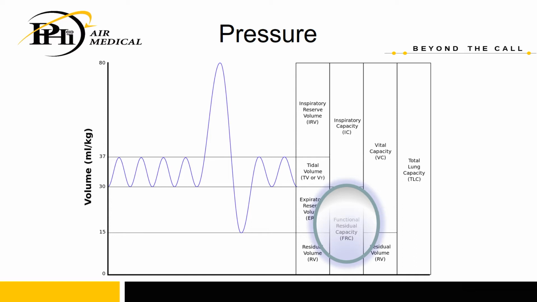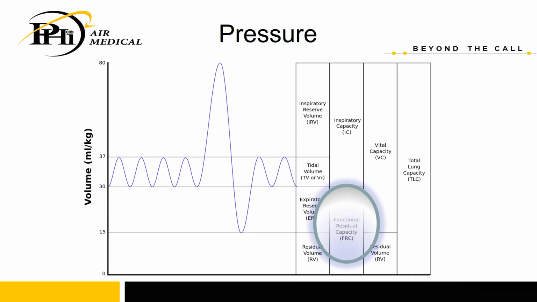Typically, the FRC is somewhere in the neighborhood of about 30 mLs per kilo for most of our patients. And for the most part, 30 mLs per kilo is more than enough for your average person to breathe room air and oxygenate well, to have oxygen saturations in the neighborhood of 96 to 100% without any additional support.